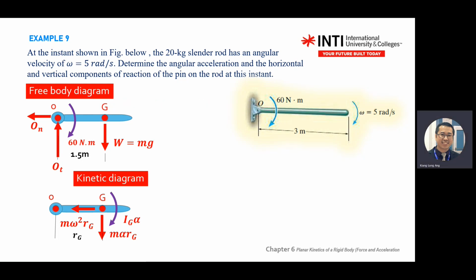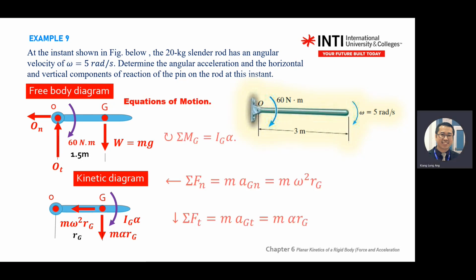So once you know how to build your free body diagram, you know how to build your kinetic diagram. The next step is you use F equal to ma and then sum all the moments. Then the rest is just mathematics, finding the missing parameter. So for the equation of motion, you have these three.